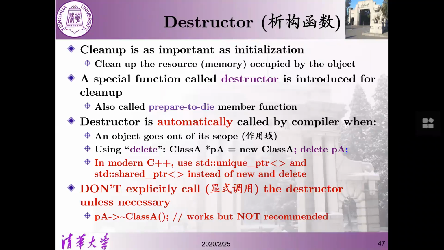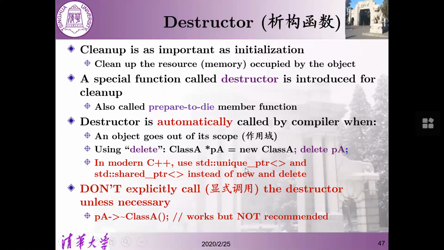Now we will learn something related to the destructor. For the destructor, cleanup is very important. The destructor is also called the prepare-to-die member function, because the object is going to die and we need to clean up the resources occupied by the object. The destructor is automatically called by the compiler when an object goes out of scope or when we use delete.